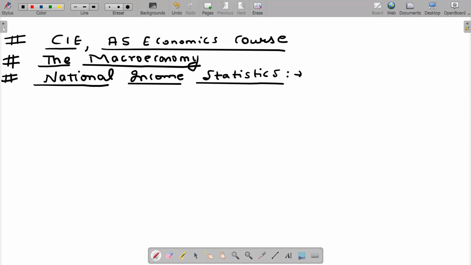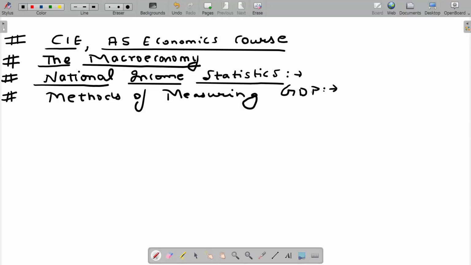So let's look at the methods of measuring GDP. Methods of measuring gross domestic product, short form GDP.